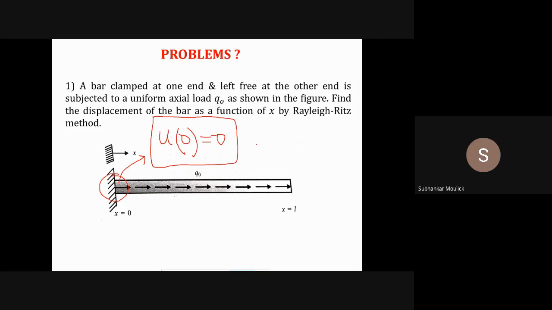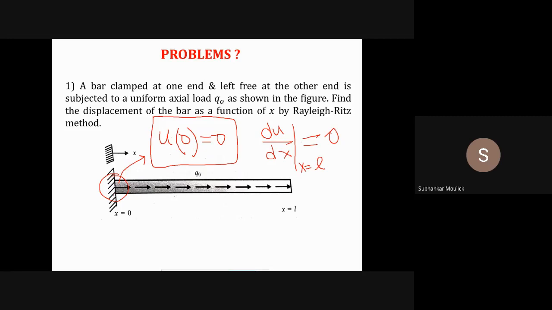By looking at the problem, what will be its value? du over dx at x equal to L will be equal to 0.